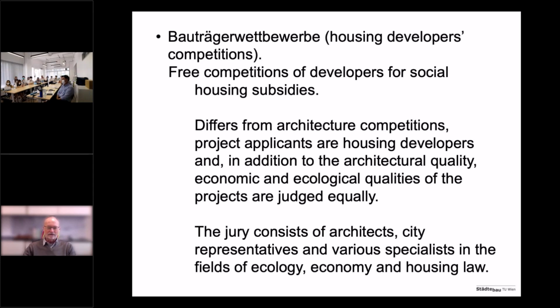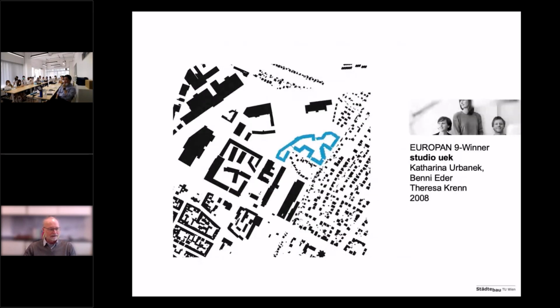And that means that they have control about the construction, they have to guarantee the price, and they have to provide not only the architecture, but also aspects like social infrastructure, ecology, and of course, a lot of other economic and ecological qualities that are later juried by the jury.